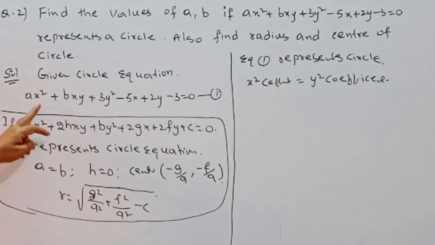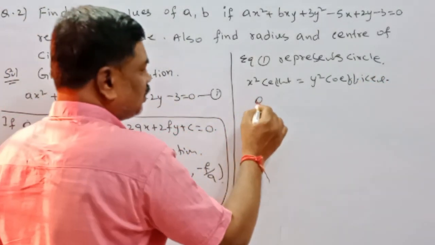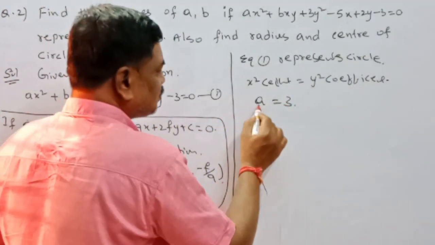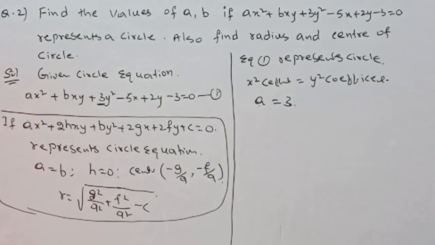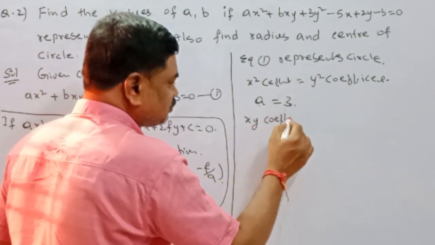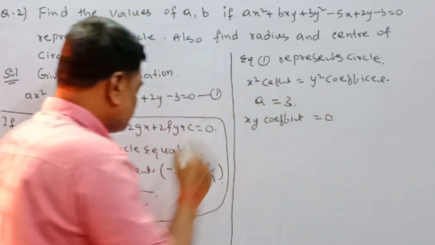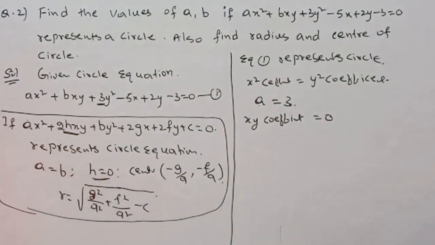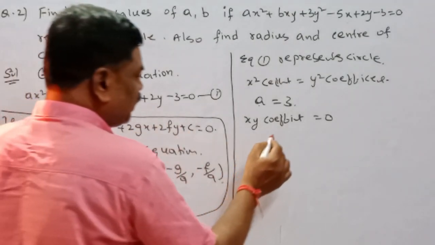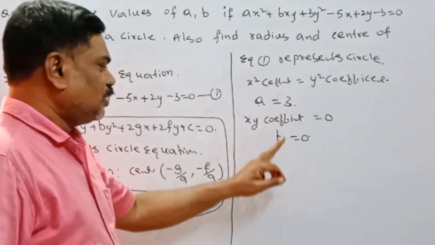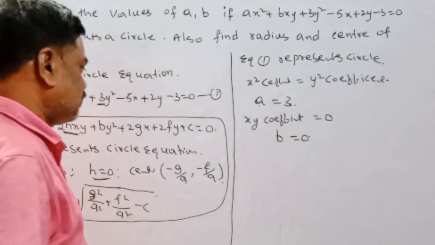The x square coefficient is a, the y square coefficient is 3. So a is equal to 3. And the second one, the xy coefficient is equal to 0. Here the xy coefficient is 0, that is b is equal to 0. Okay, a is equal to 3 and b is equal to 0.